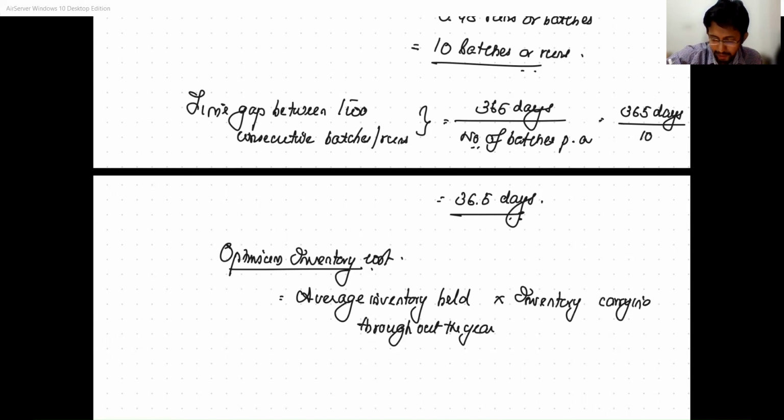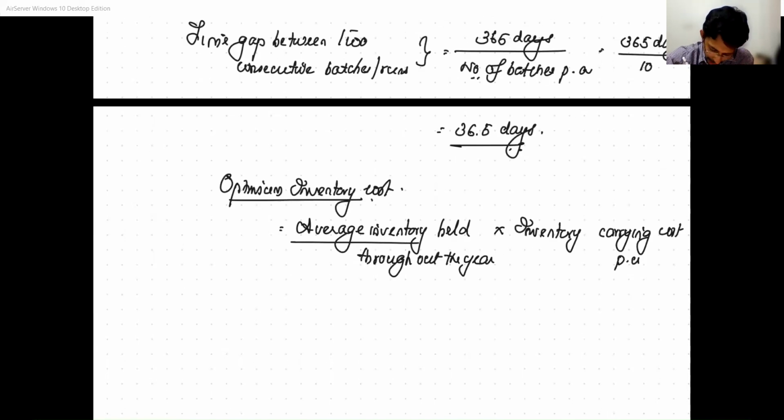We have already computed the inventory carrying cost per unit. So that is multiplied by the total number of inventory. But here what you have to take is the average inventory. Then in that case, you will get the total inventory cost. Now, how do you get that? See, average inventory, how do you compute? In case of EOQ, how did you get the average inventory? Average inventory is nothing but EOQ divided by 2, which means the batch size here.